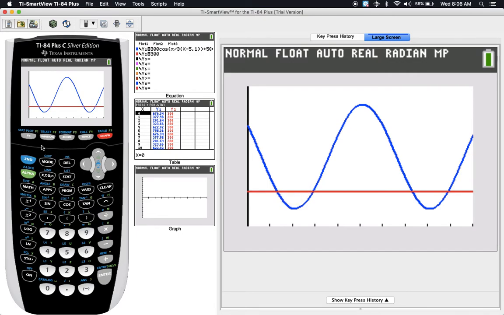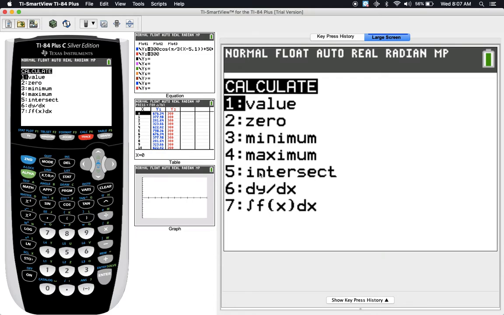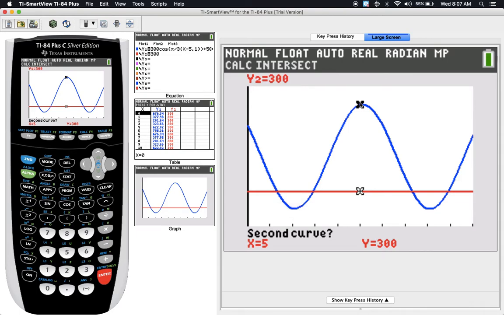So what I do is I hit second, calc, and I'm going to go down here to number 5 to click intersect. So I'm going to click on 5. And now I go for my intersect, and it says first curve. Well, the first curve I care about is this blue one. I care about the intersection of that one and the red one. And then it says guess. And the reason why it says guess is it wants to know which point I'm looking for.